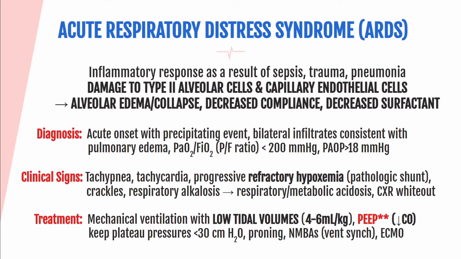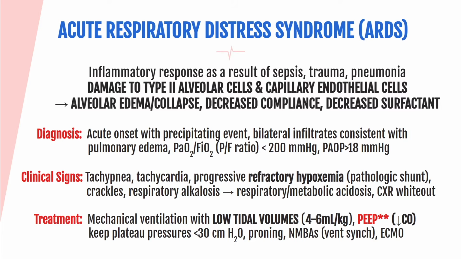However, as ARDS progresses, you will see respiratory acidosis because they're going to get tired, they're going to start retaining CO2. And you can also see metabolic acidosis, but this is a secondary effect.